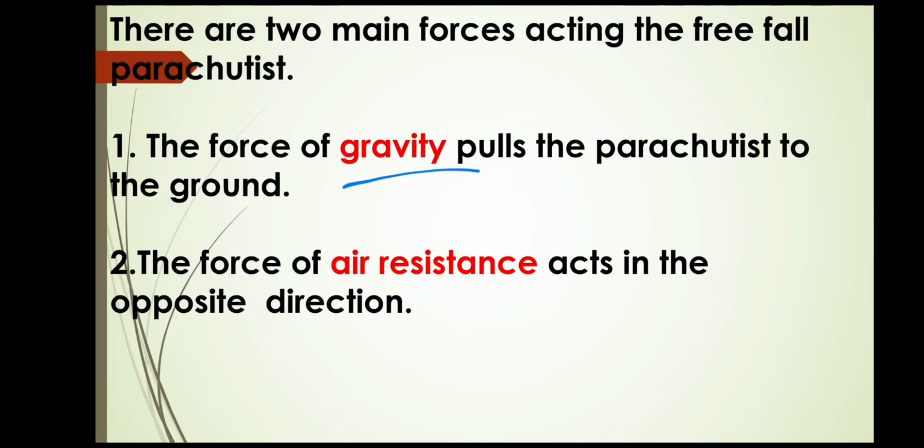The second type, the force of air resistance, acts in the opposite direction. مقاومة الهواء. So, there are two main forces acting on the free-fall parachutists. The first one is the force of gravity and the second one is the force of air resistance.